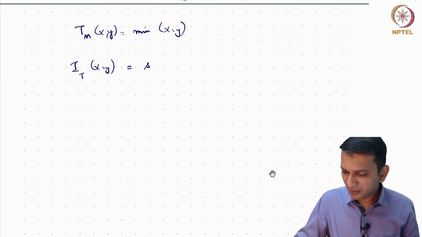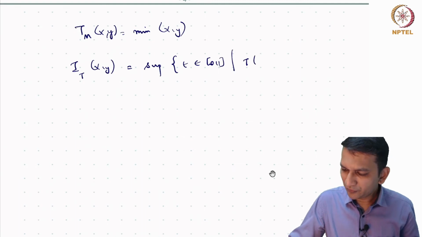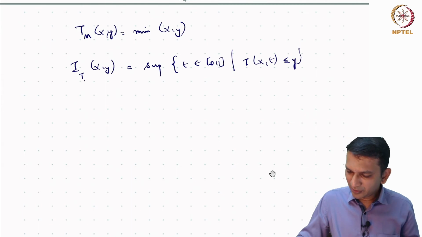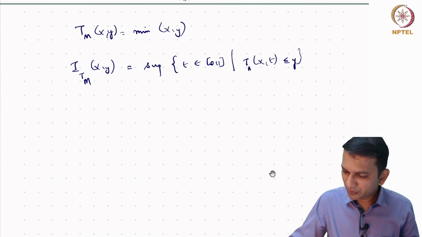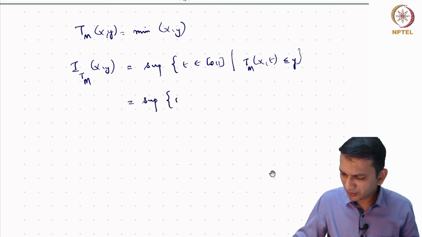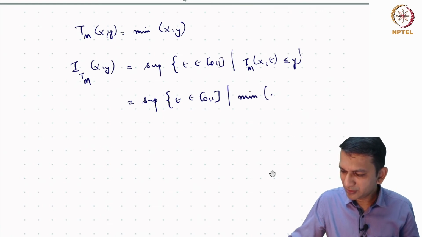Remember, it is defined as the supremum of t element of [0, 1] such that T of x comma t is less than or equal to y. Now, if you put M here, then you put I_TM here. So, writing this formula like this, supremum of t element of [0, 1] such that min of x comma t is less than or equal to y.